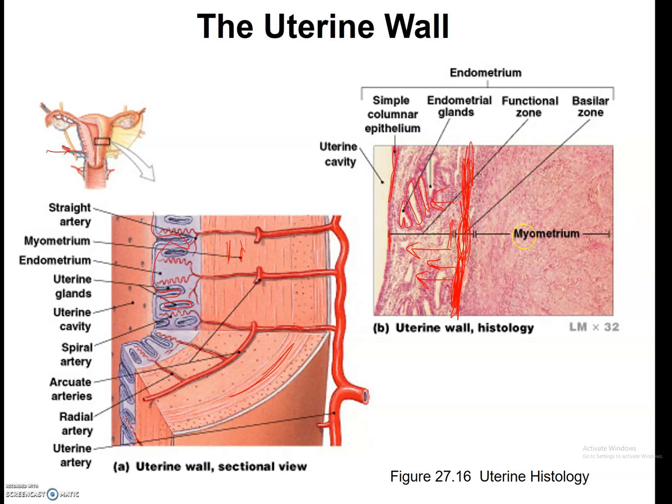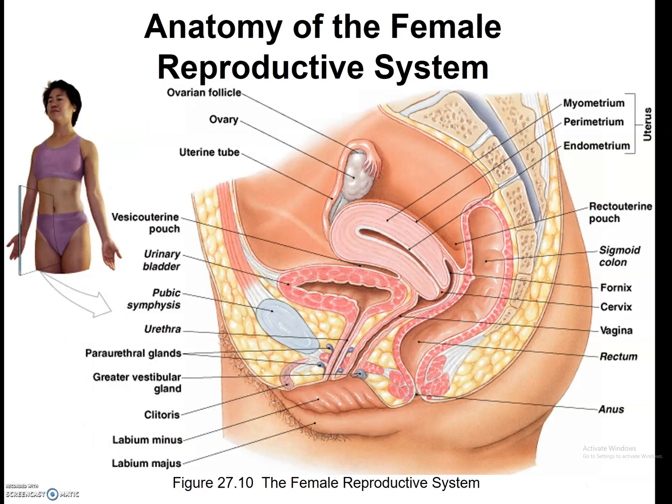And then the myometrium is the muscle. So when we're looking at the anatomy of the female reproductive system, it's always very tempting to think about just this region right here, the functional zone, but there's a whole lot of other regions that are essential for supporting the developing fetus.